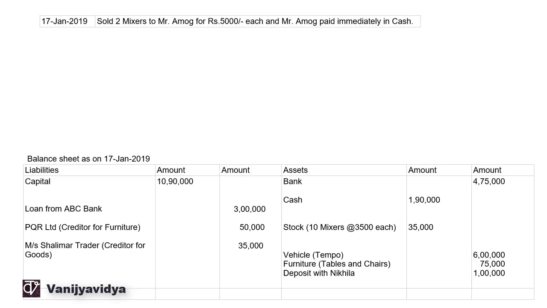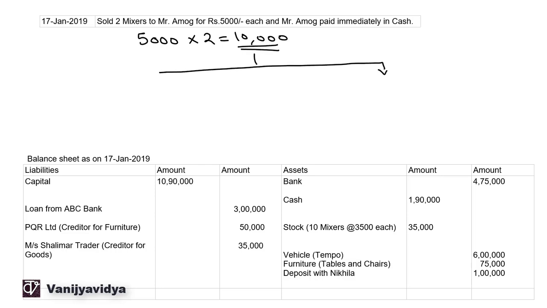17 Jan 2019. Sold 2 mixers to Mr. Amok for 5,000 each, and Mr. Amok paid immediately in cash. So sold 2 mixers. So 5,000 each mixer into 2 is 10,000. So now this sale will have 3 impacts. Okay.